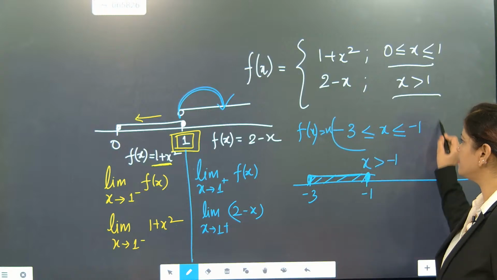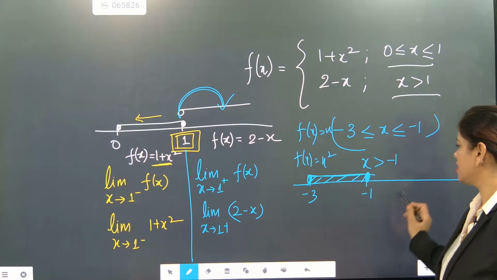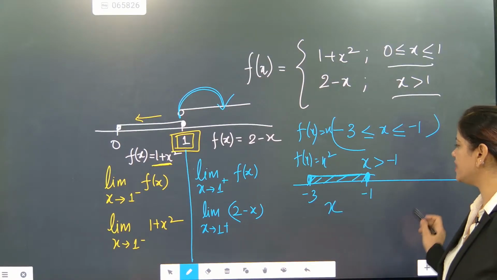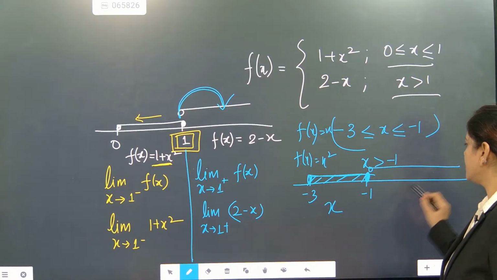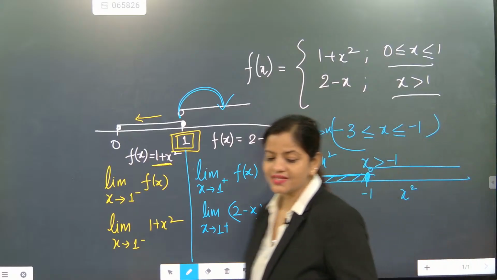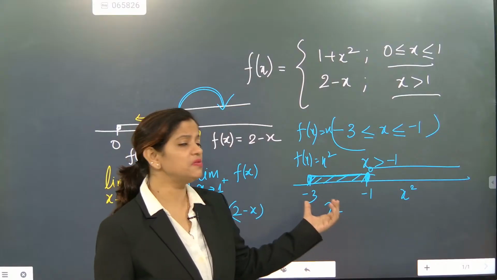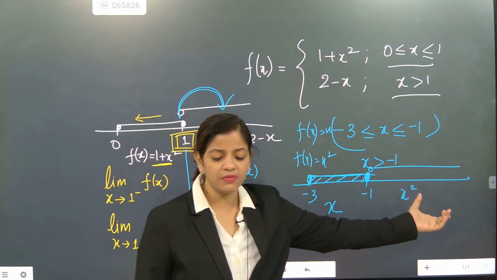For this limit, f of x is equal to x square. So this part will become only x, the greater than section will become x square. Understood? So this is considered as left part and right part. Left part function may be different, right part function may be different.